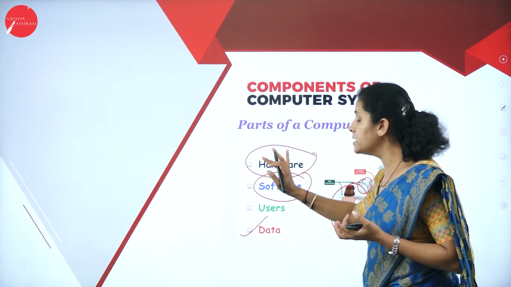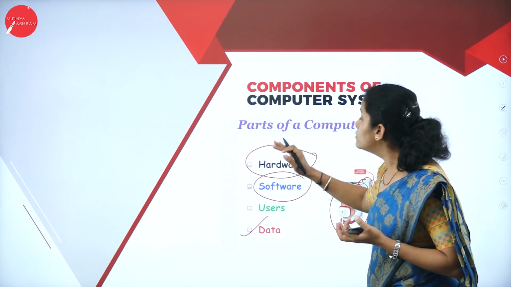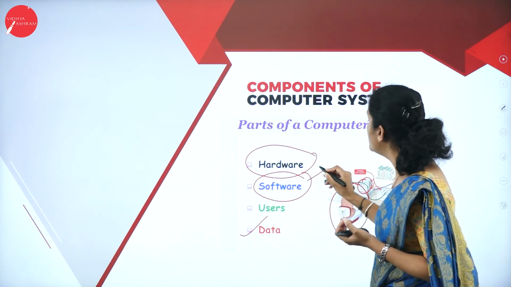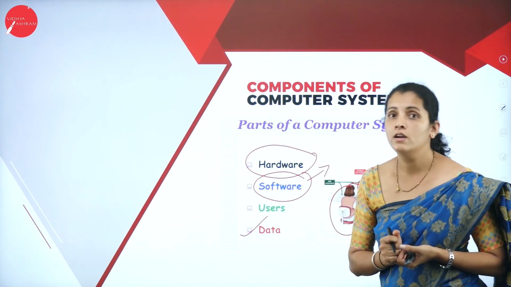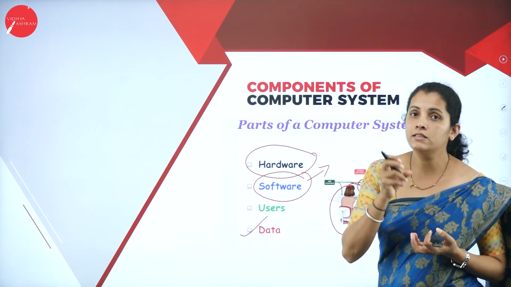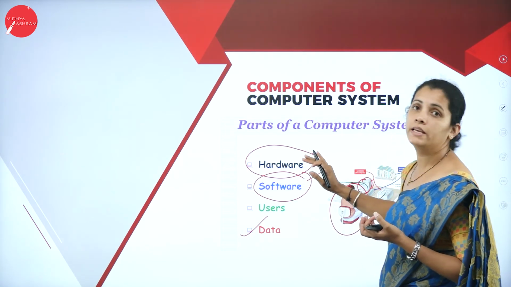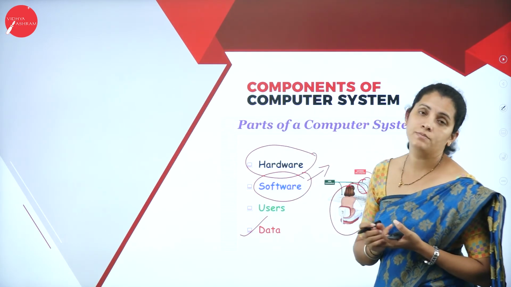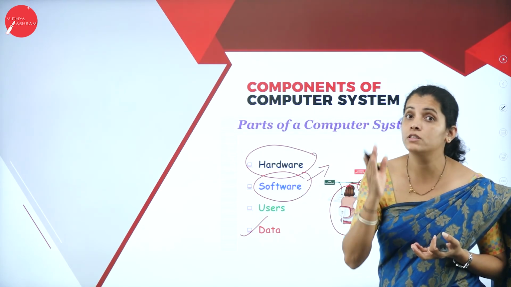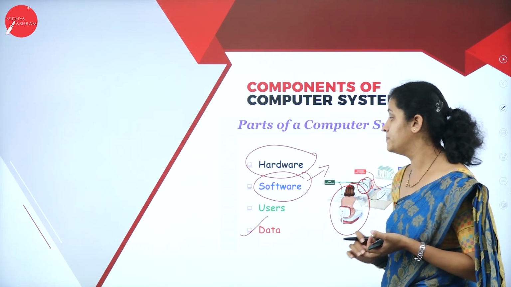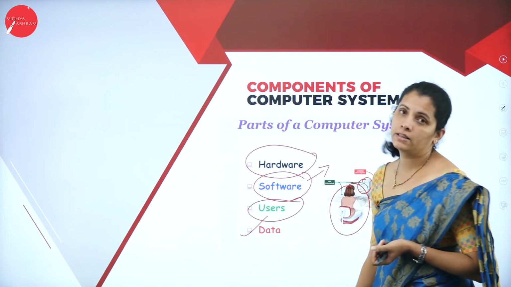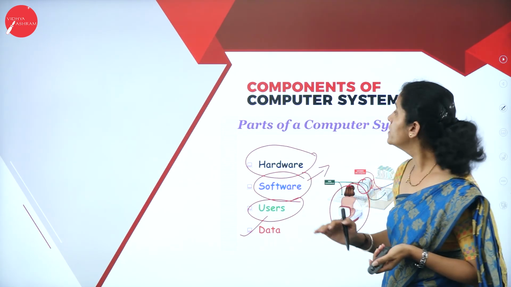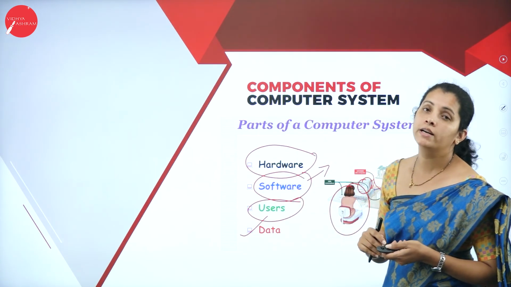As I told, it is nothing but instructions, and it is not possible to touch instructions. The best examples for software are application software and system software. For application software, the example is Microsoft Office. For system software, the best example is the operating system. And here the user is nothing but the end user, one who is going to use the computer system. So these are some of the very important components.